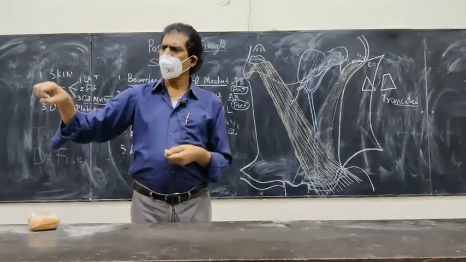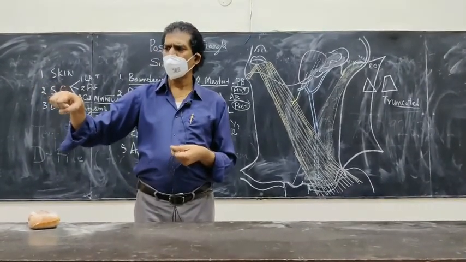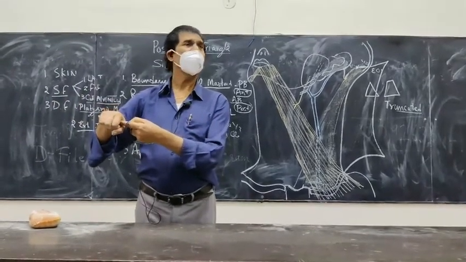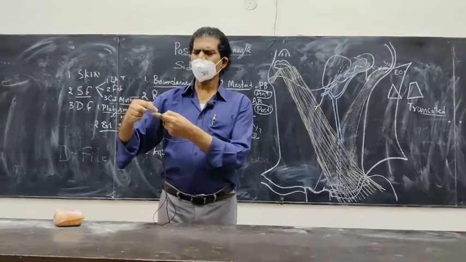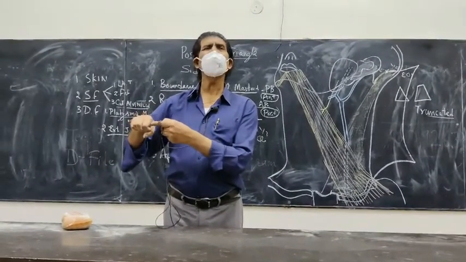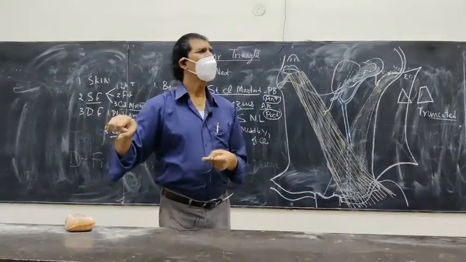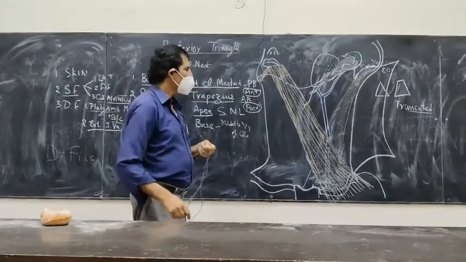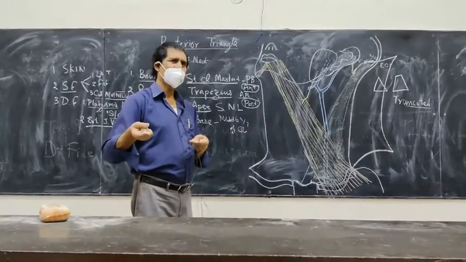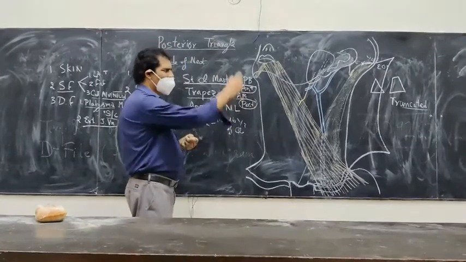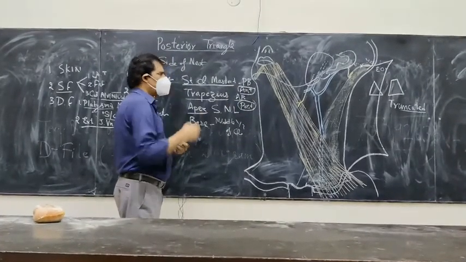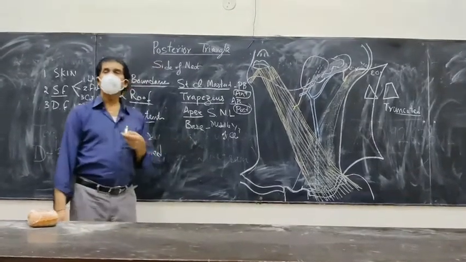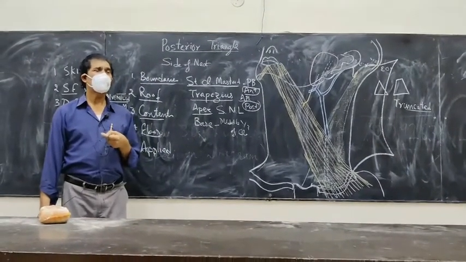The opening in the deep fascia is the same as the diameter of the jugular vein, and the tunica externa of the external jugular vein becomes adherent to the deep fascia. Its clinical significance we will discuss later. So this is how the platysma and external jugular vein are present in the roof of the posterior triangle, in the superficial part.